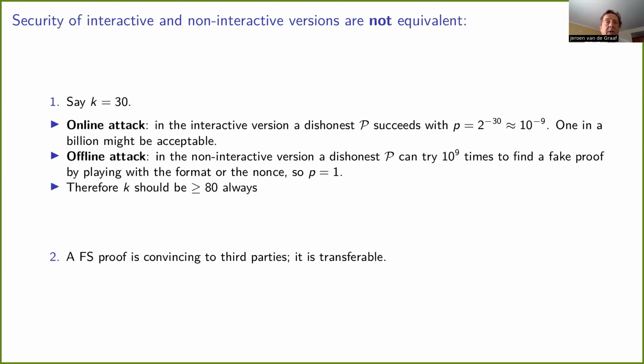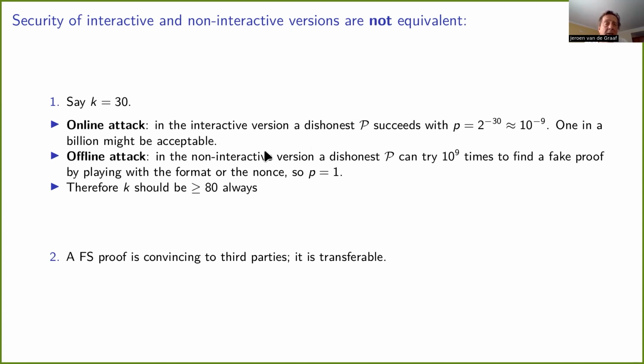Now you must be aware that the security of interactive and of non-interactive protocols is not equivalent. Let's say that you choose a security factor of 30. In an online attack, the chance that the proof will succeed will be 2 to the minus 30, which is about 2 to the minus 9. That may be acceptable because that's a very low probability.